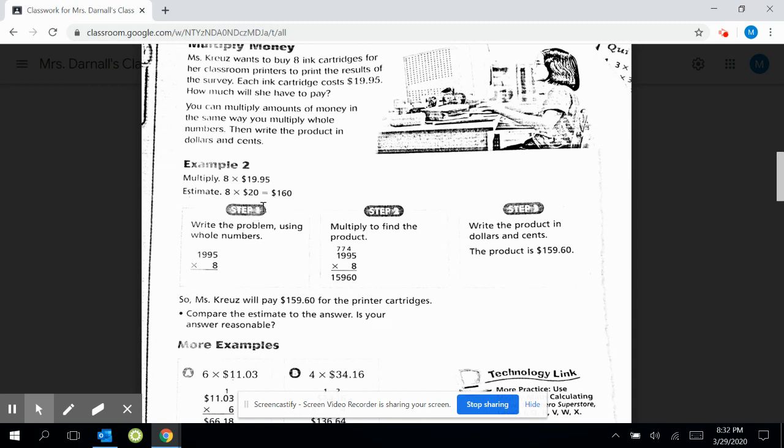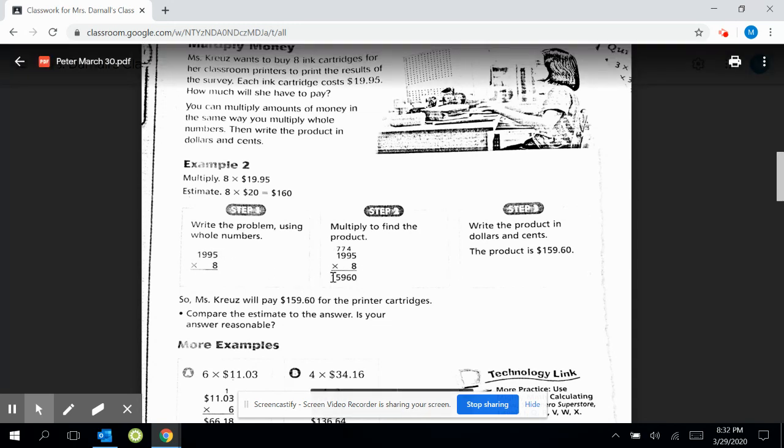And then step 1 to figure out something like this is they say write the problem using whole numbers. So just take that cents sign out there and just write it as 1,995 times 8.